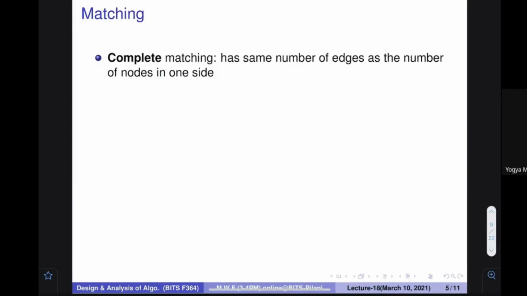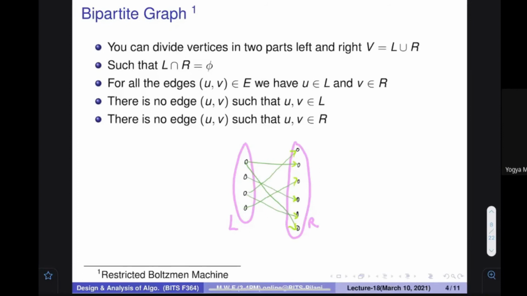Sir, what do you mean by no edges are crossing each other? Rahul, did I say this? Acha, here, okay. This line, you want to understand what this line means? This line says that if you want to build an edge where U and V both are inside L, means you are connecting here to here.